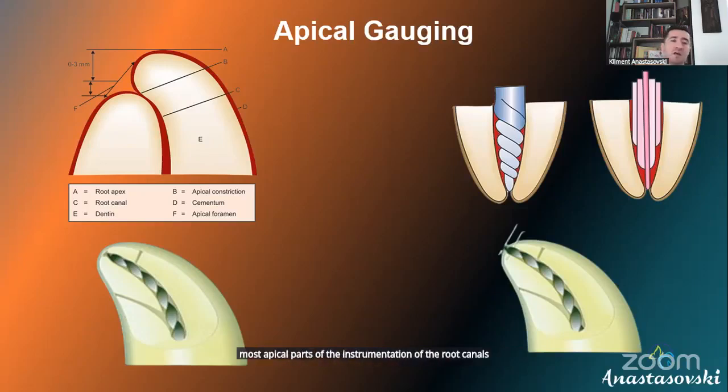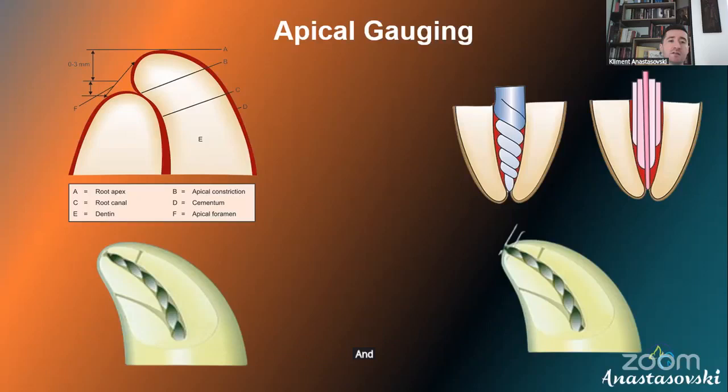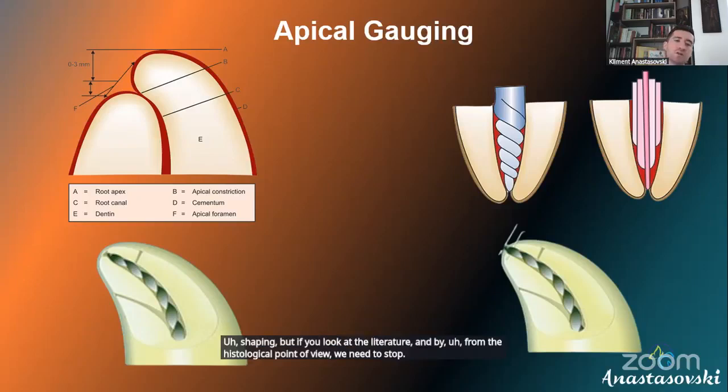It is a topic that is widely discussed between authors and colleagues, and they have different opinions as to where we should end our shaping. But if you look at the literature, from the histological point of view, we need to stop our instrumentation where the pulpal tissue ends and where the periapical tissue starts.